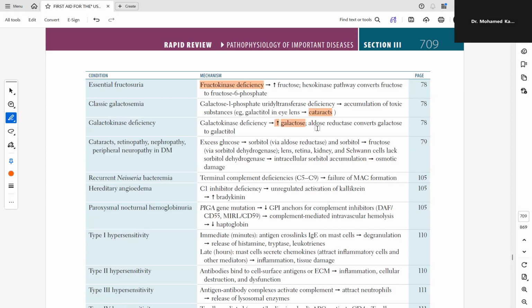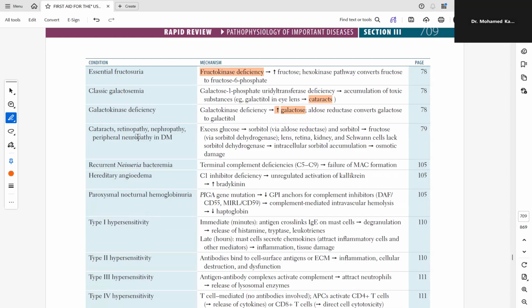Aldose reductase converts galactose to galactitol. Cataracts, retinopathy, neuropathy, peripheral neuropathy, and diabetes mellitus: these are all complications as a result of excess glucose.